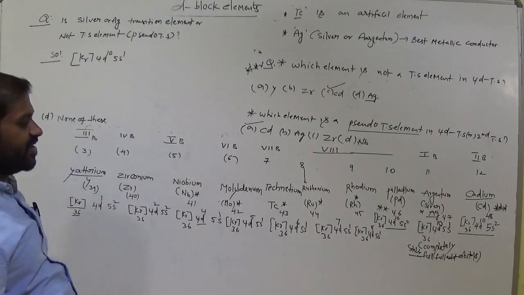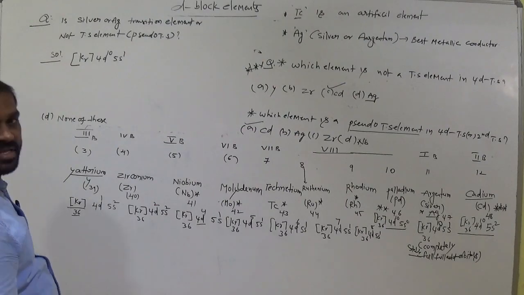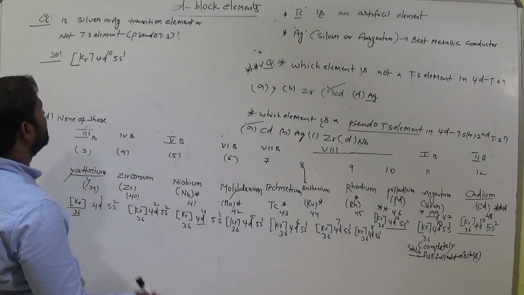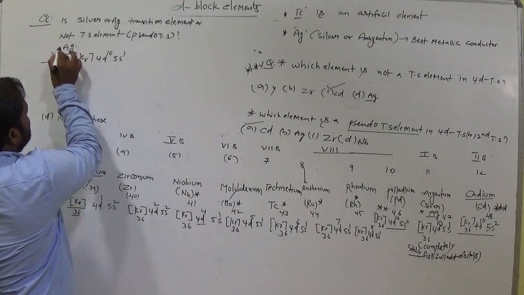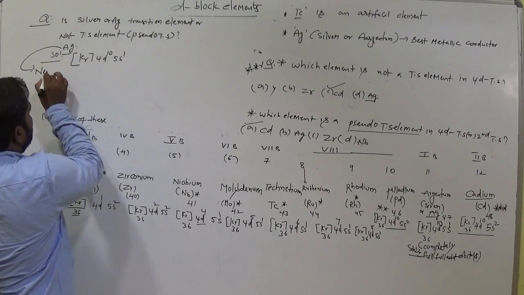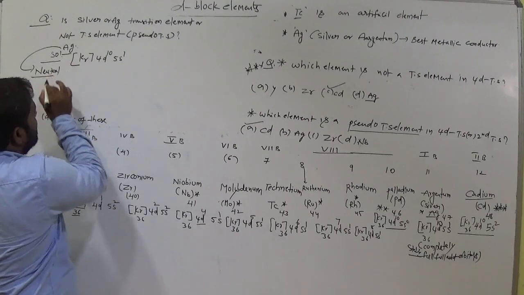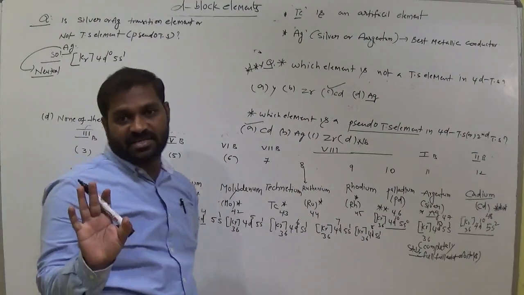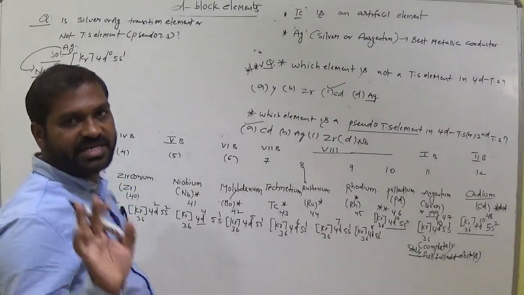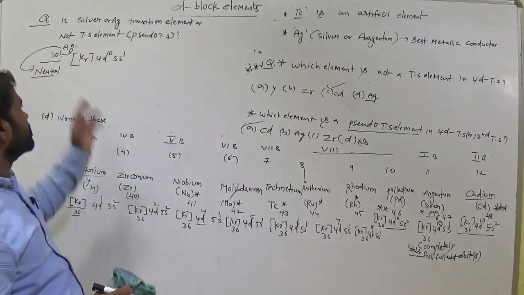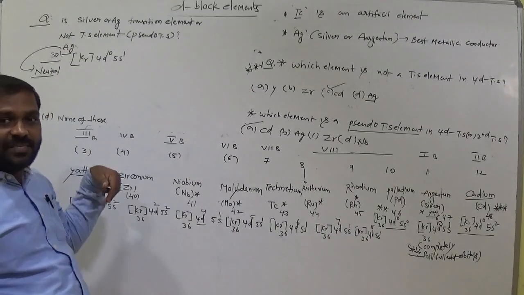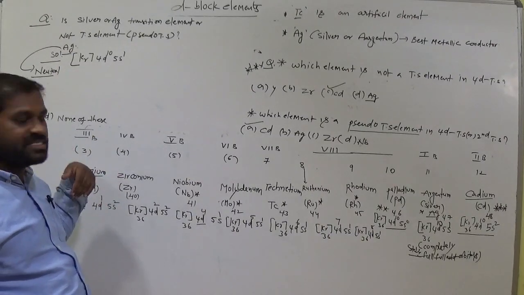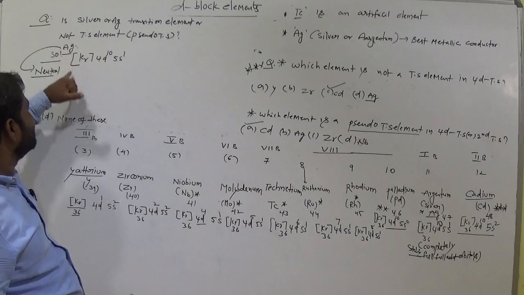That is the electronic configuration of silver in the neutral state. Neutral means there is no loss of electron or gain of electron. If it is a loss, it is plus; if it is a gain, it is minus.